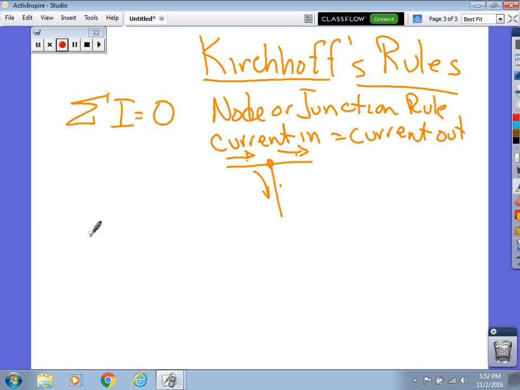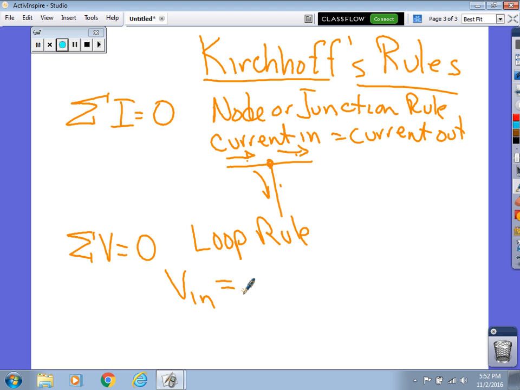The other rule looks like this, and it's often referred to as the loop rule. What the loop rule is, again, pretty much what we've already said. It says when you go around a loop, when you go around a series circuit as an example, the voltage that you put in has to equal the voltage that is used by the resistors.